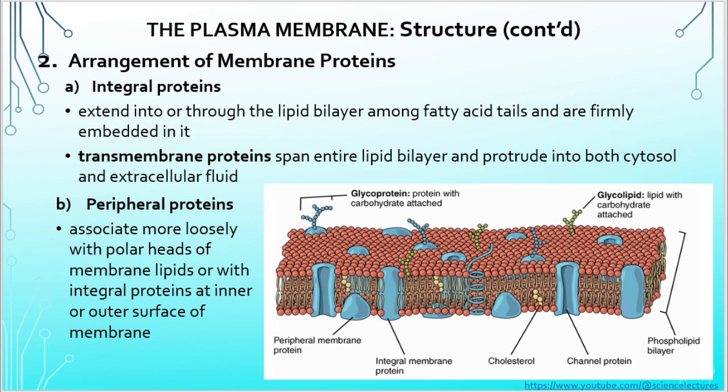The carbohydrate portions of glycolipids and glycoproteins form an extensive sugary coat called the glycocalyx. The pattern of carbohydrates in the glycocalyx varies from one cell to another. Thus, the glycocalyx acts as a molecular signature which enables cells to recognize one another.